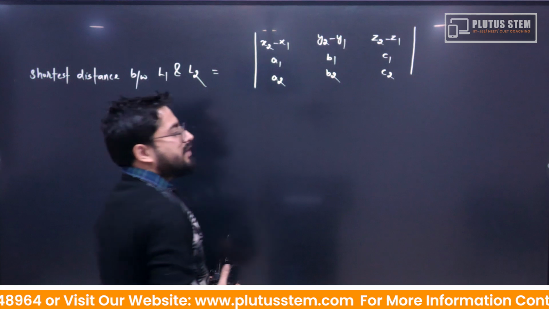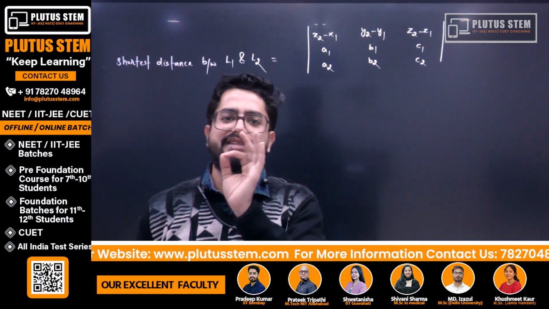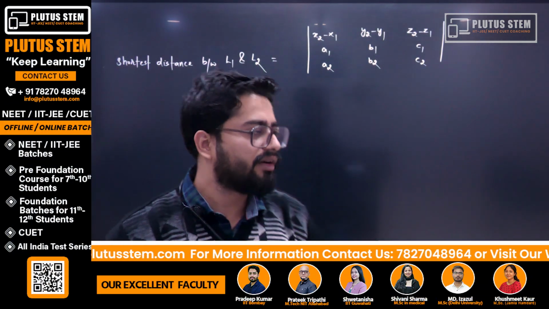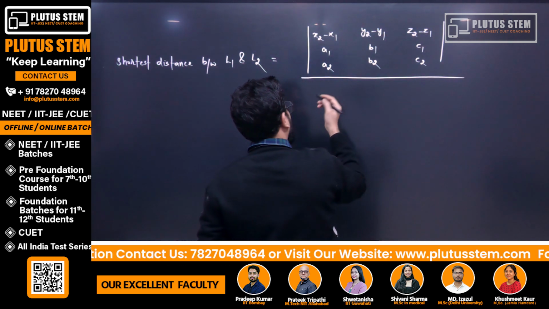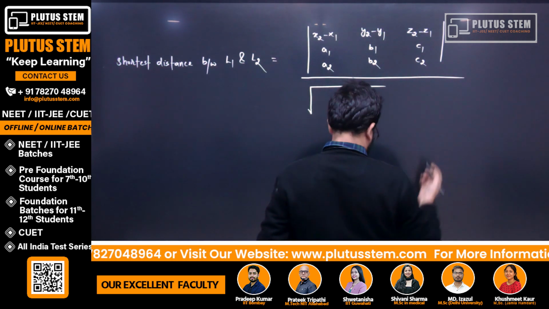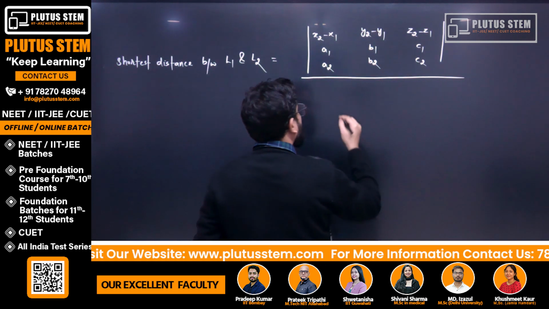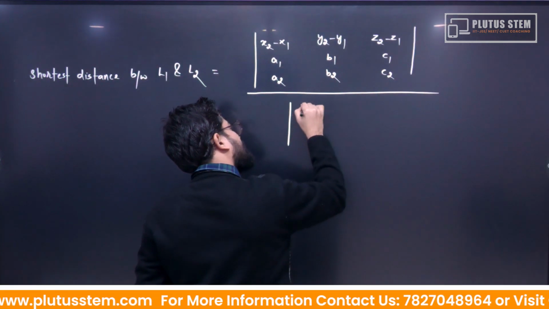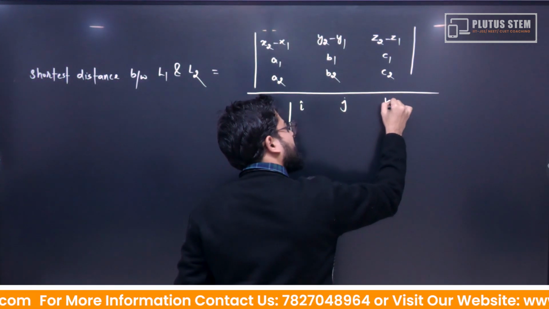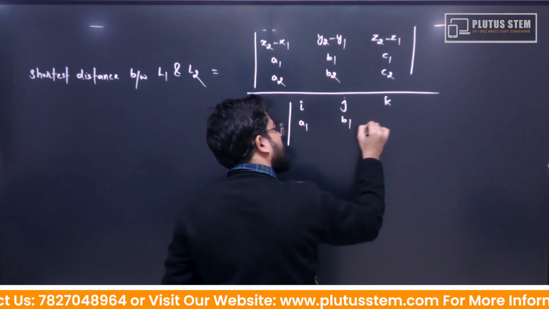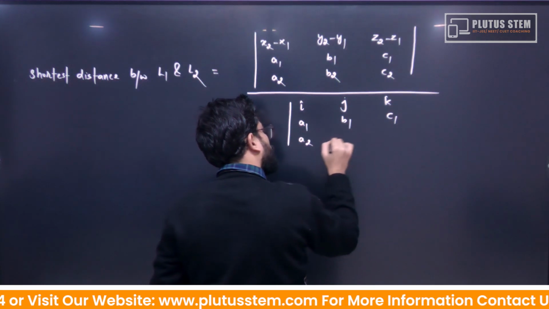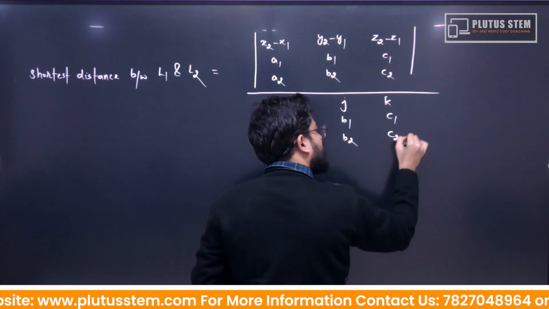That is the numerator, C minus A dot B cross D, divided by the modulus of this, that is under root, or if you write the modulus, i, j, k, and next A1, B1, C1, A2, B2, C2, that is B cross D.